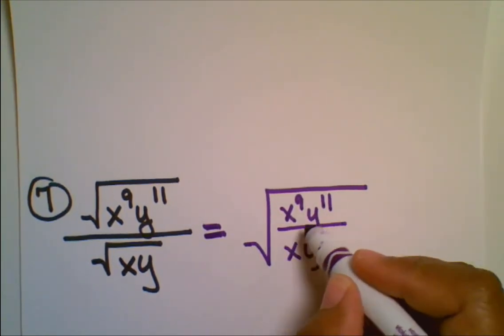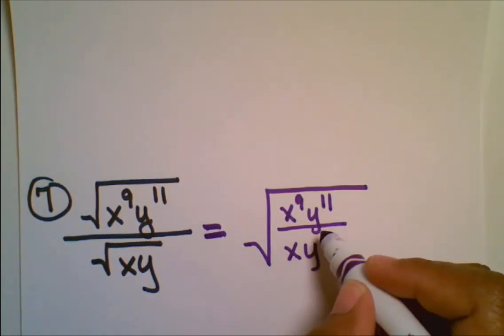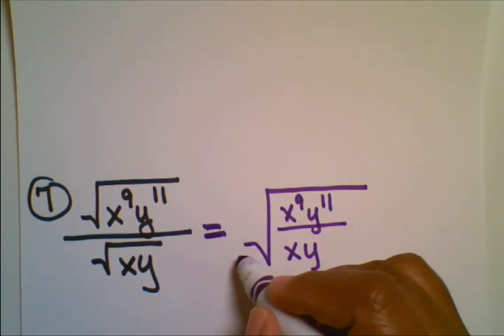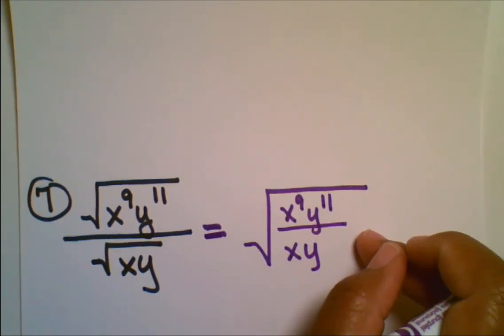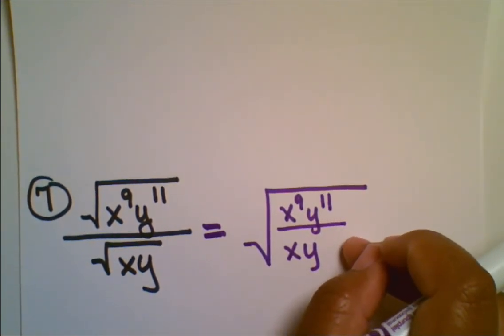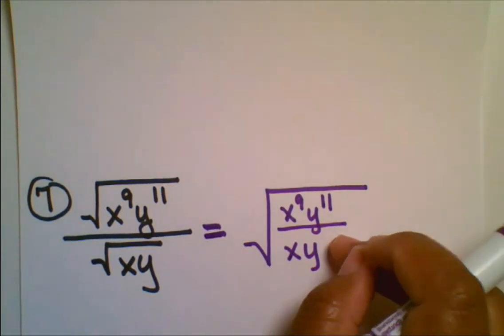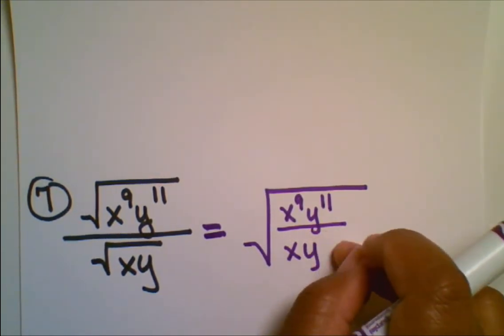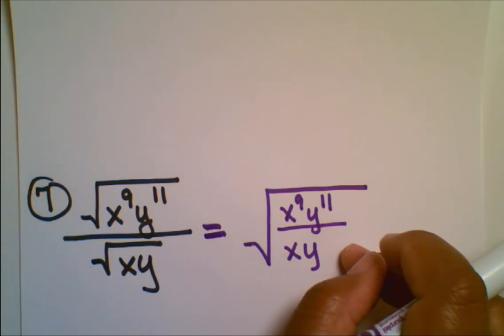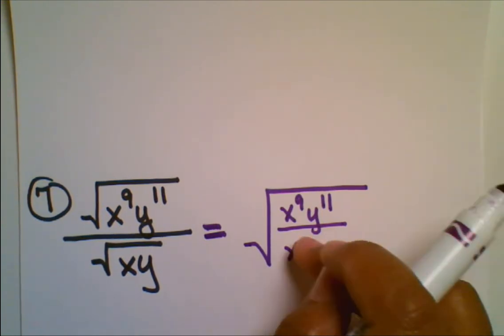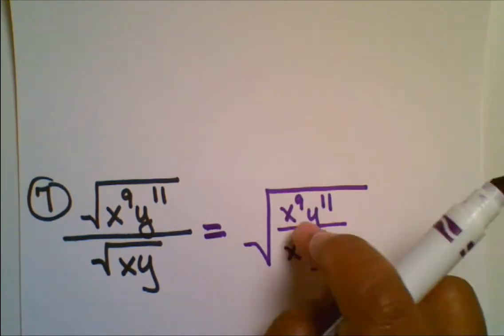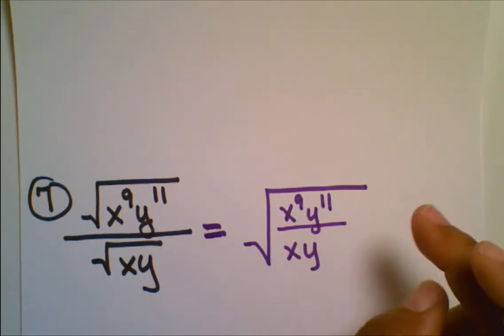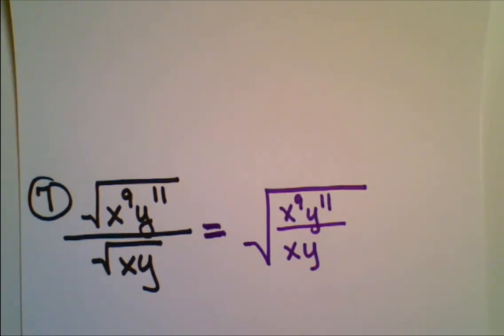So at this moment, if we didn't have the radical there and I told you to simplify this fraction, you should be able to do that for me. Remember, we talked about when we were working with exponents, we had the quotient rule. This is what we're going to do. We're going to use the quotient rule where we subtract.